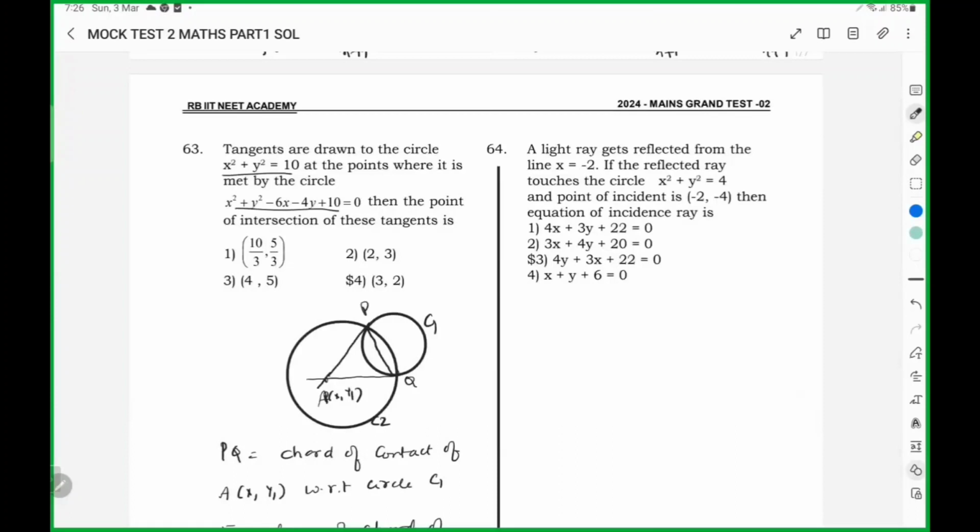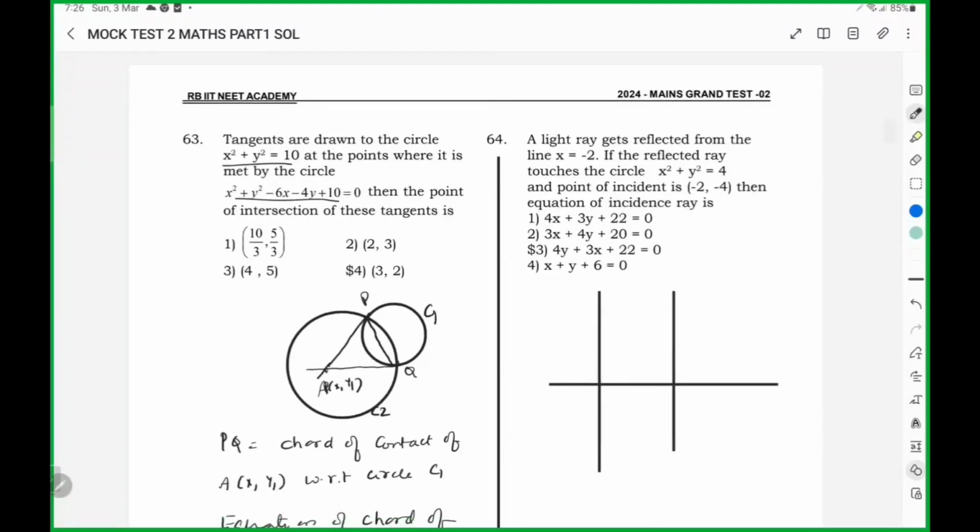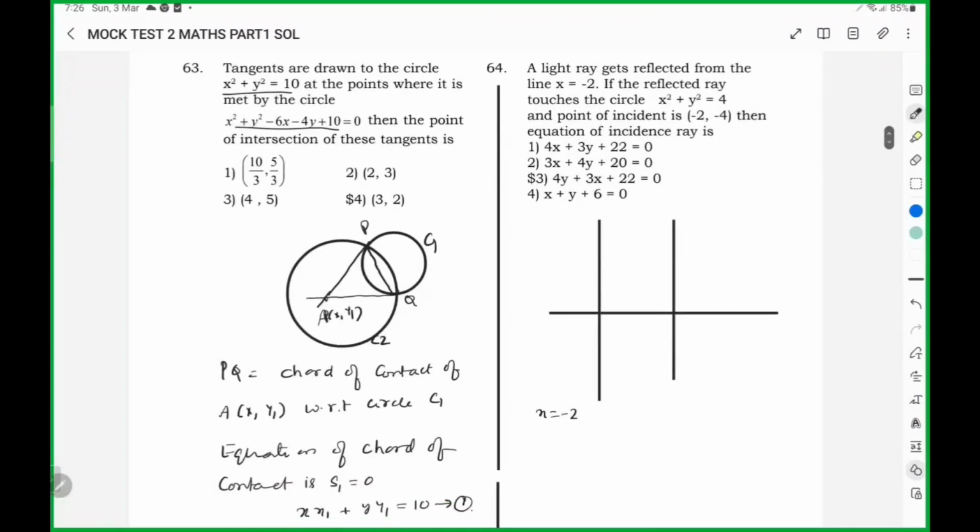A light ray gets reflected from the line x equal to minus 2, and he has given a circle equation whose radius is 2. So it touches that circle, and the point of incidence.